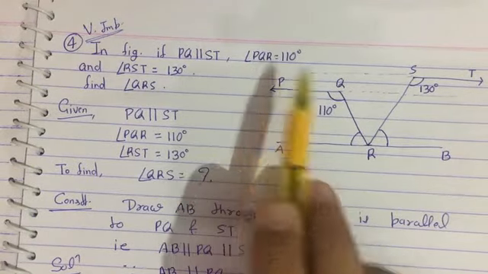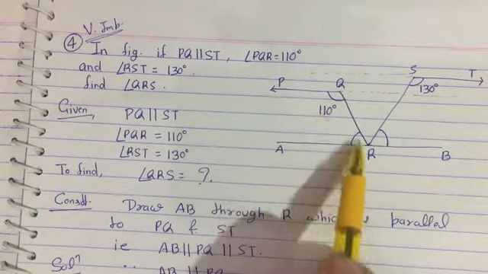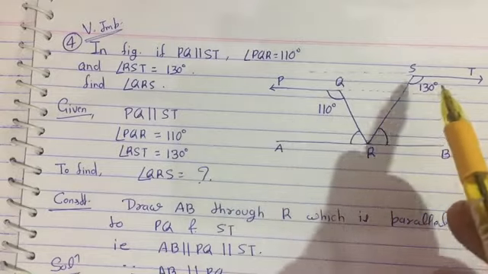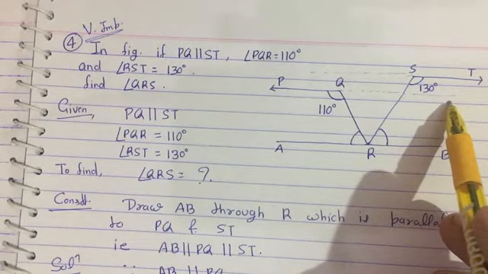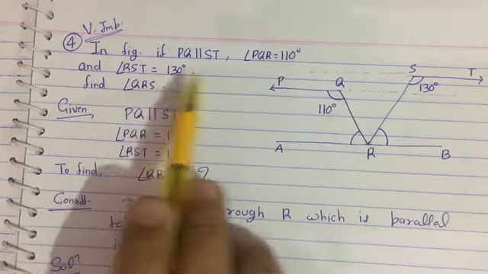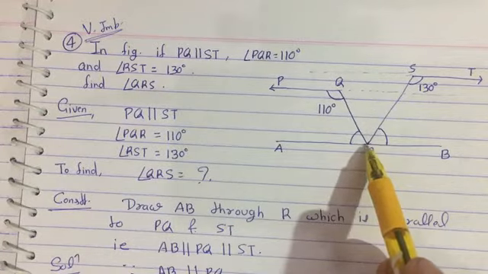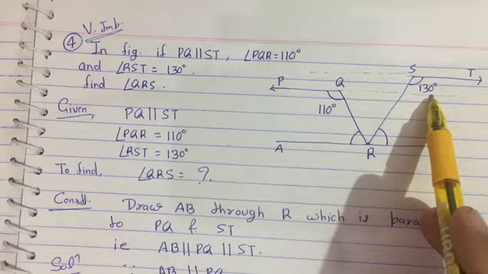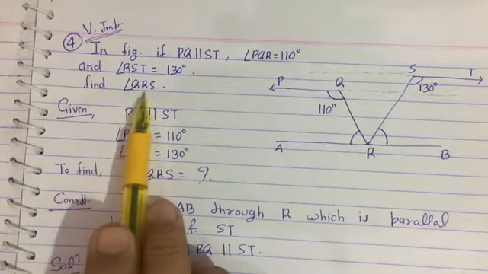Angle PQR is 110 degrees. This angle PQR, this angle is given as 110 degrees, and angle RST is given as 130 degrees. Angle RST, this angle is given as 130 degrees. And find angle QRS.